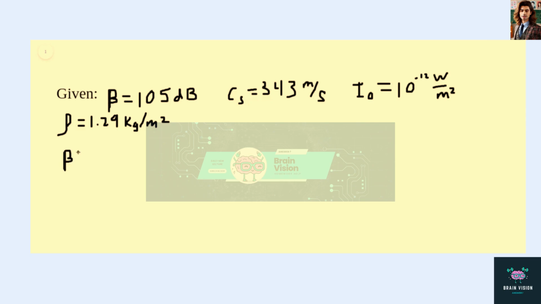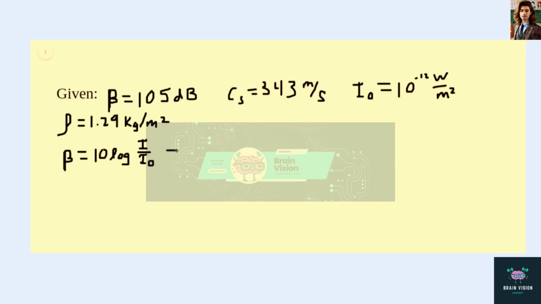So now that we know that, we need to find the intensity. We're going to find the intensity that can be calculated from the decibel value. To calculate that intensity, we use the equation beta equals 10 times the log, which is log base 10 here, of the ratio of I, the intensity, divided by I0.